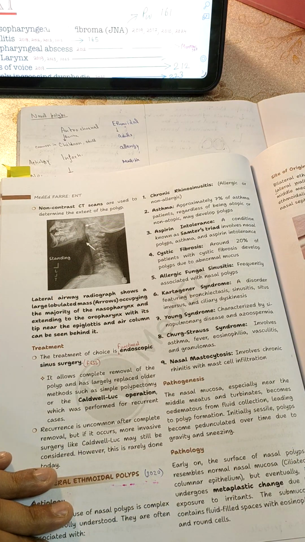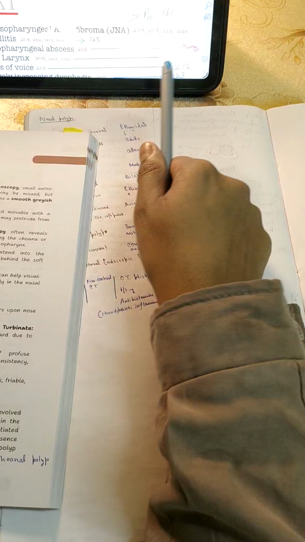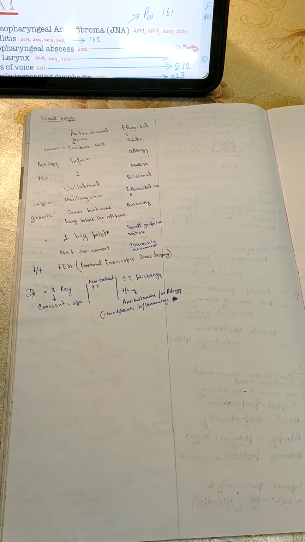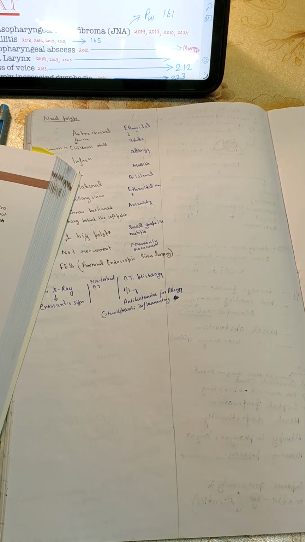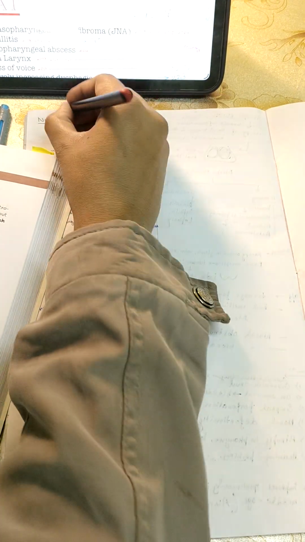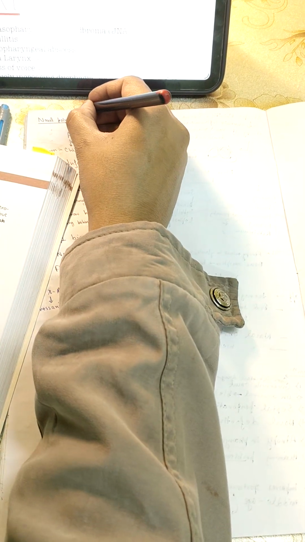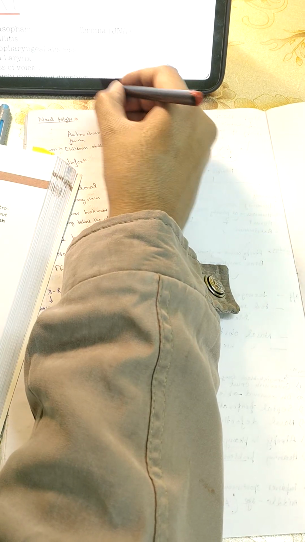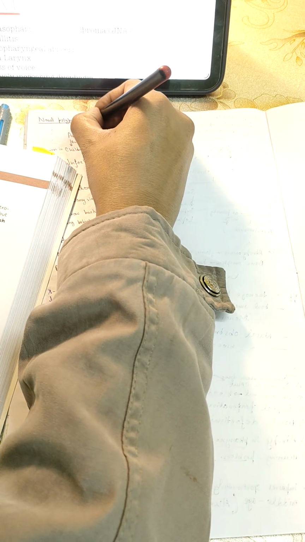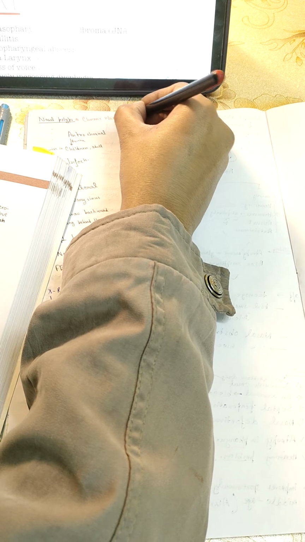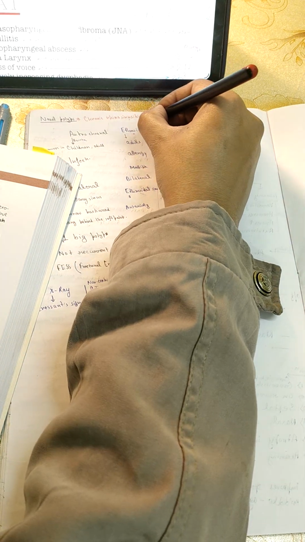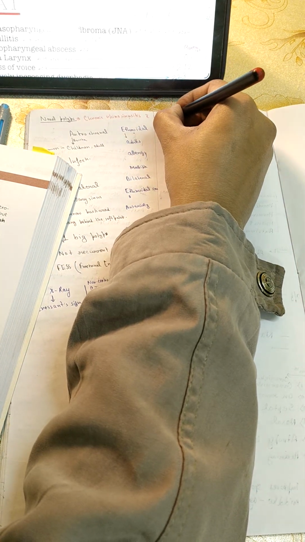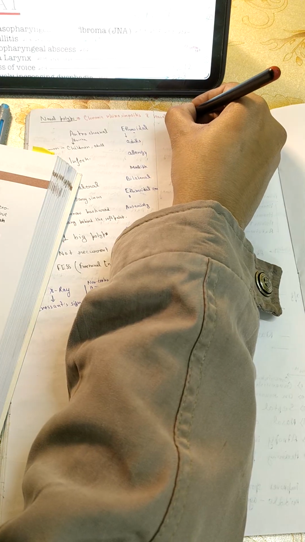Okay, let's talk a little bit in detail regarding the previous year questions. The adult nasal polyps are now known as chronic rhinosinusitis with nasal polyposis.